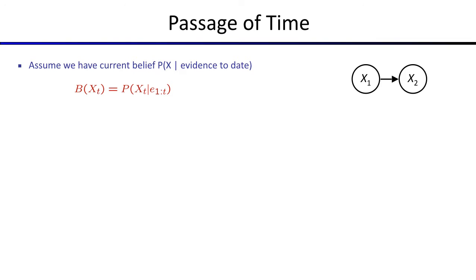By this B of xt, all we mean is the probability of being at xt, having summed out all of the x's in the past, given all of the evidence that I have observed up until time t. This is just notational shorthand so that we don't have to keep writing down that we condition on all of the available evidence.